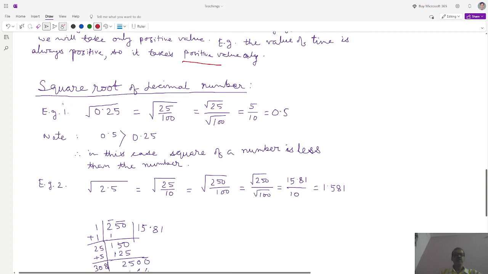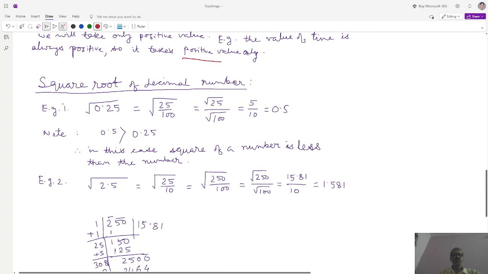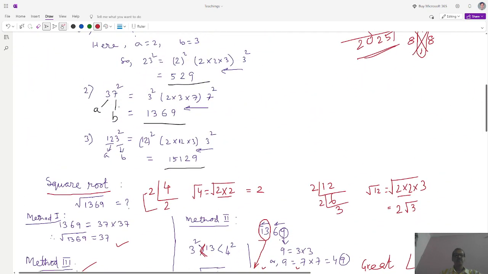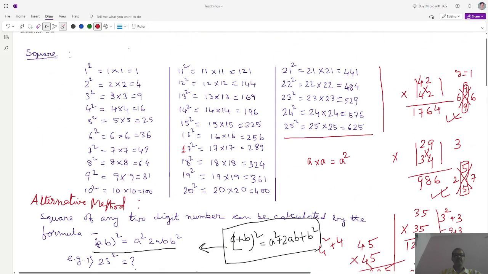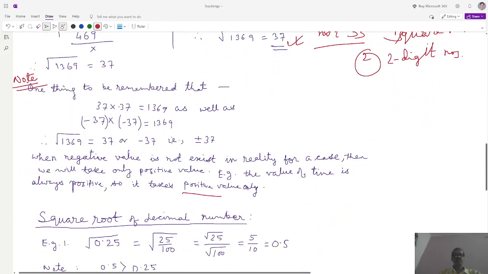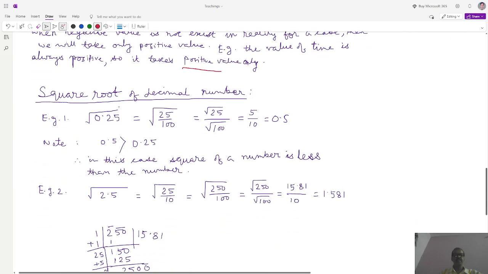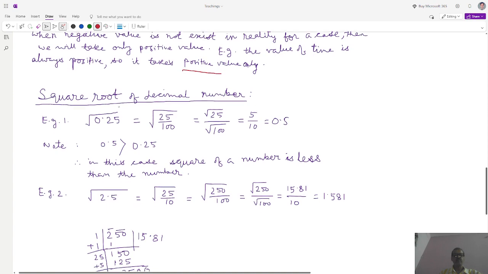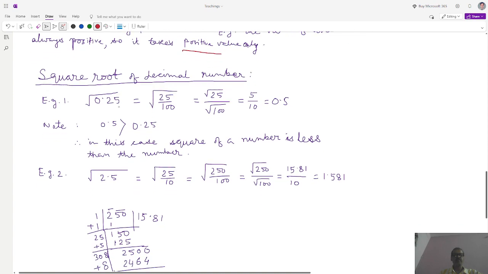Now, how will we find the square root of a decimal number? It is very easy. If we are able to do the above method efficiently, then we do not have to work hard to find the square root of a decimal number.